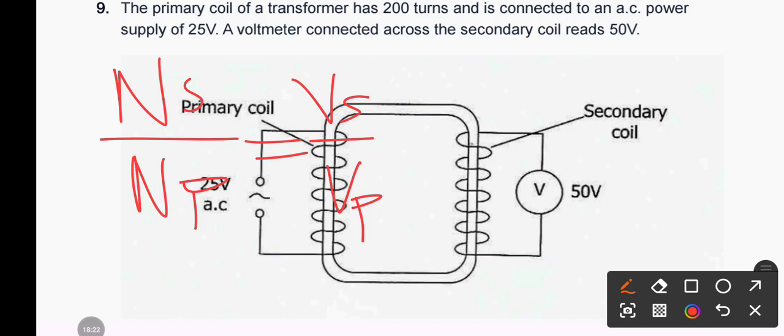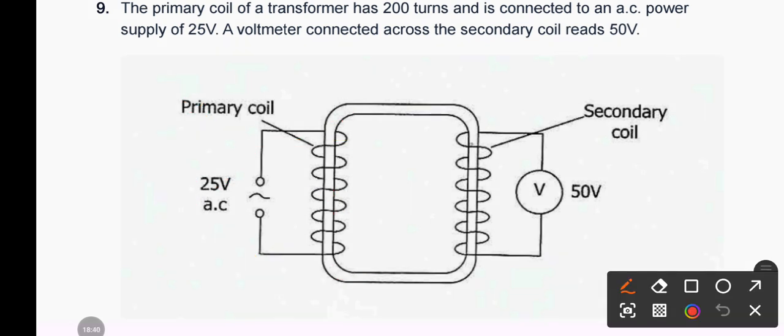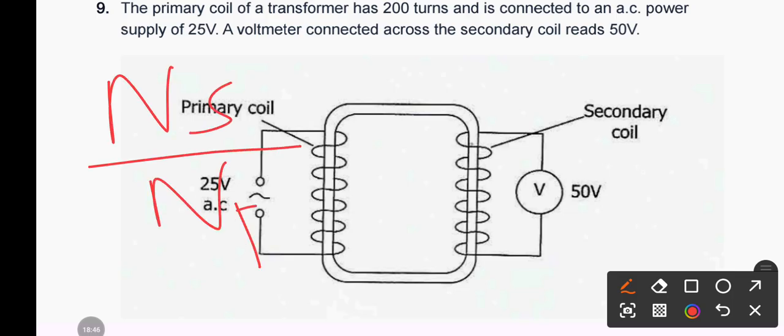Sorry, I didn't make it the subject. Okay, let me start over. I said Ns over Np is equal to Vs over Vp.